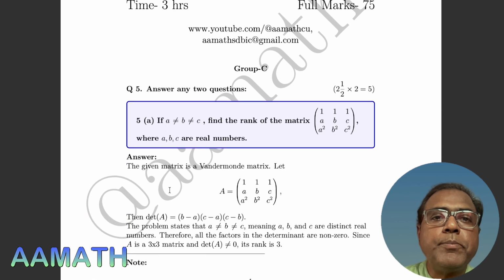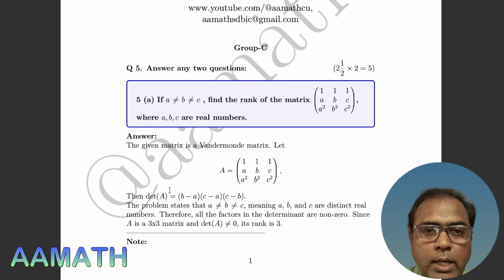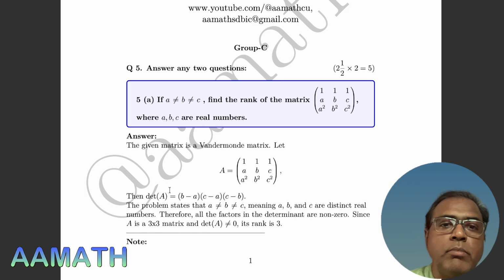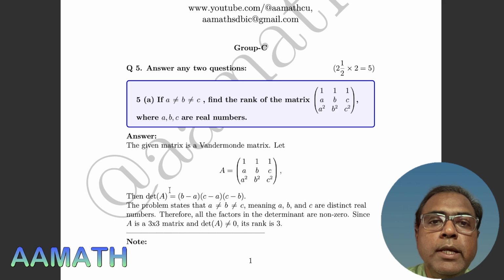Question 5a. If A not equal to B not equal to C, find the rank of the matrix with rows 1 1 1, A B C, A square B square C square, where A B C are real numbers. The given matrix is a Vandermonde matrix.